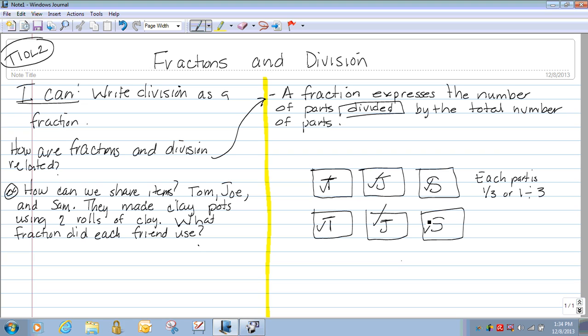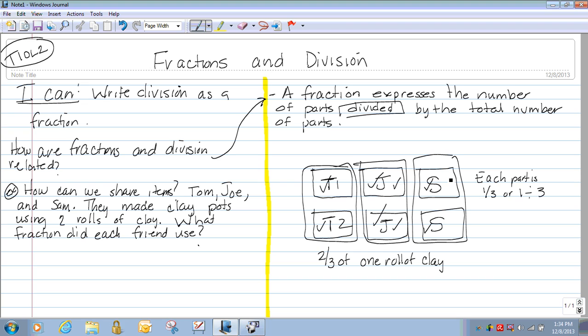This is the same as 2/3 of 1 roll of clay. So let's look here. We have Tom. He has 1, 2. Joe has 1, 2. And Sam has 1, 2.